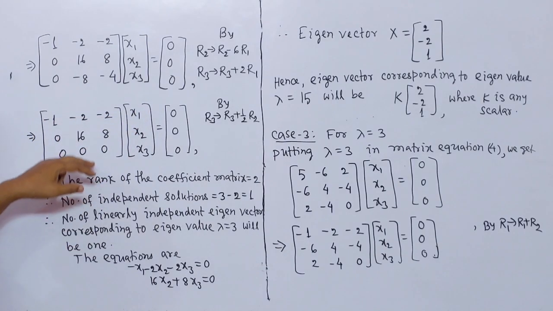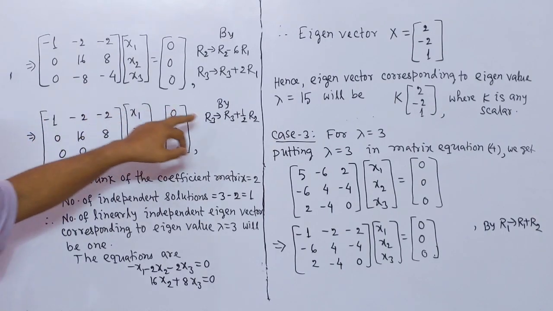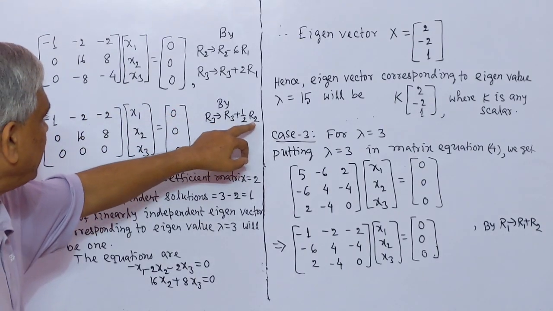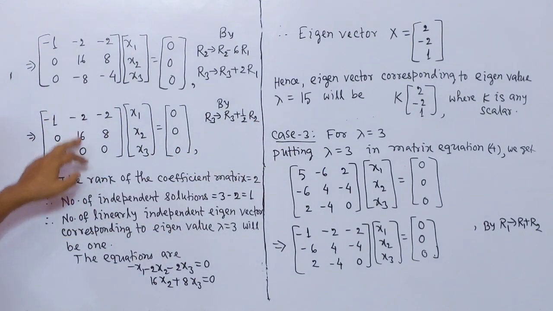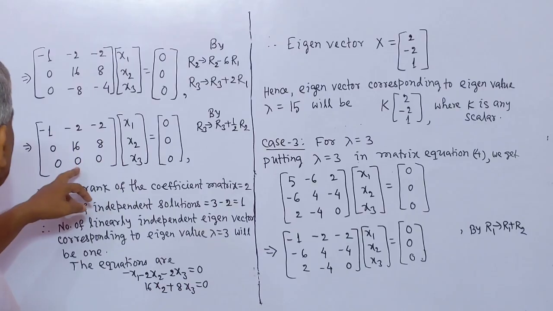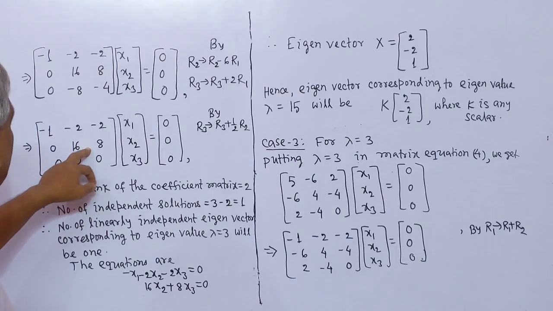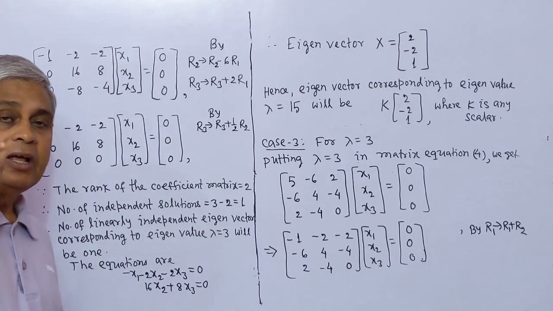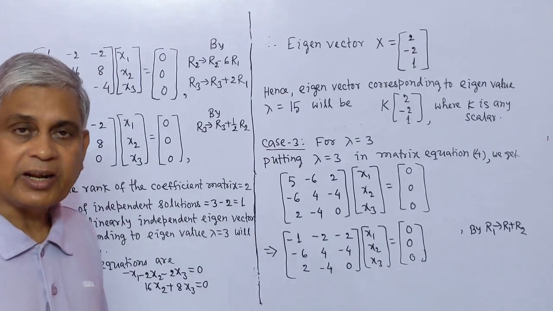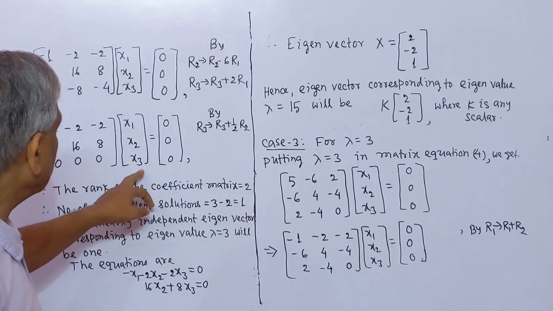And now we want to make here 0. So in place of R3, we take R3 plus half R2. So here we get 0 and consequently here also 0. Here we see that number of non-zero rows of the coefficient matrix is 2. Therefore, rank of the coefficient matrix is 2. Here number of unknowns is 3.